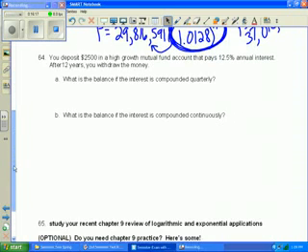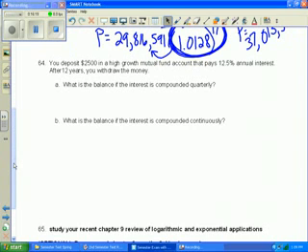Okay, number 64. You deposit $2,500 in a high growth mutual fund. You've got this percentage rate. Annual, so that's 1 year or one time. But this one we're going to do compounded quarterly.